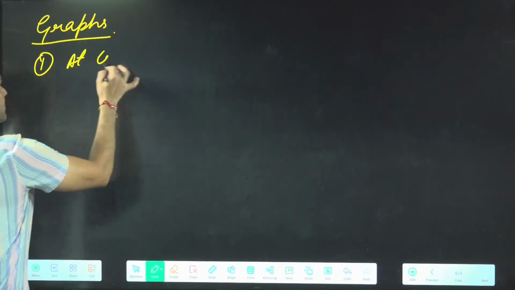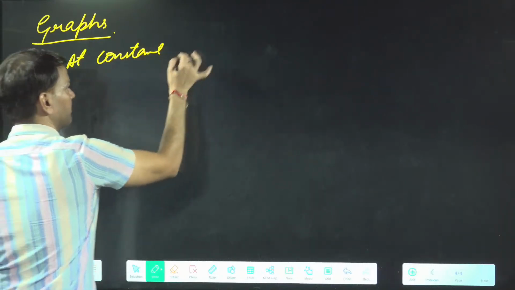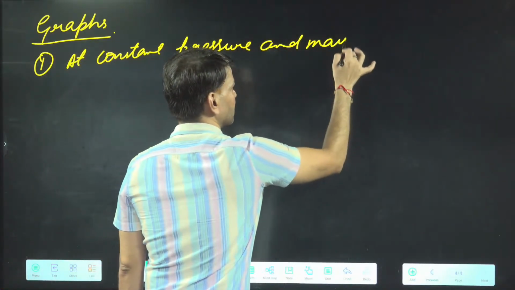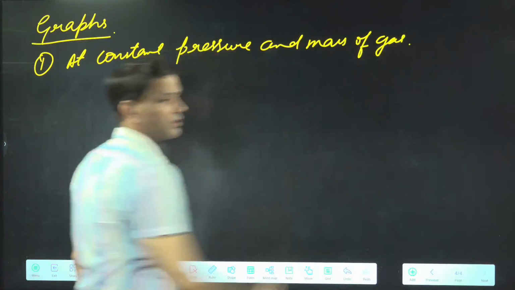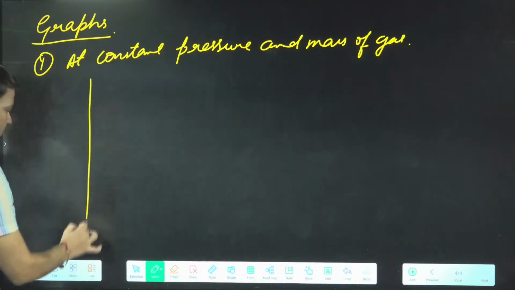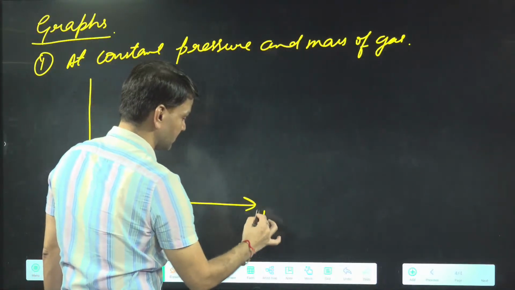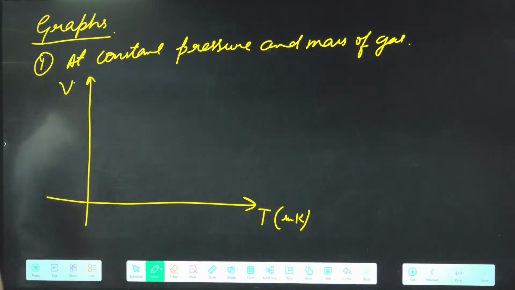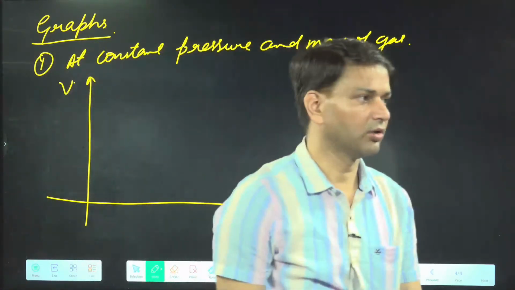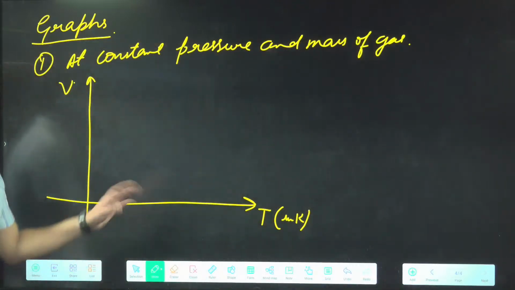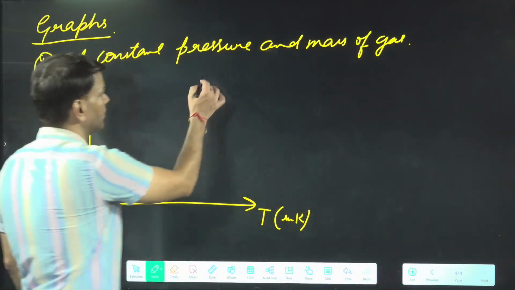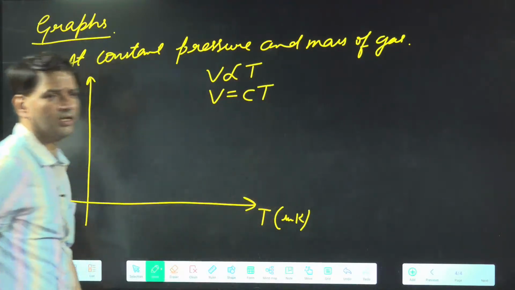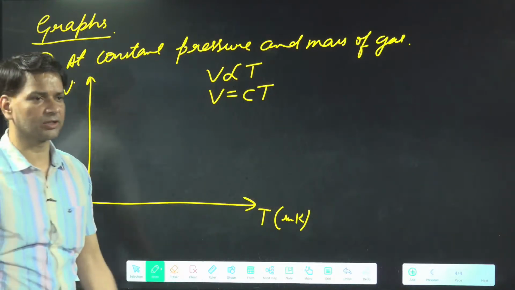At constant pressure and mass of gas, this is the condition of Charles law. So constant pressure and given mass, we need the Vt graph. We know that V is directly proportional to capital T, or we can write V is equal to C into T, where C is any constant. So the graph will be a straight line passing through origin.